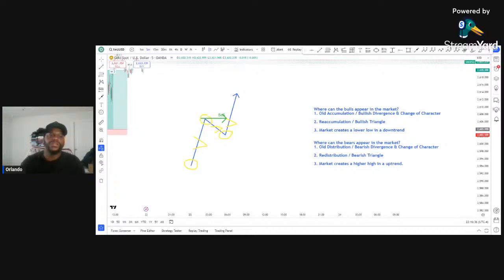And now we have an effect, which is a bullish break of structure. What was the cause of the market breaking an old high and creating a new high? The effect was a bullish break of structure. But what caused it internally? What caused it to go bullish?